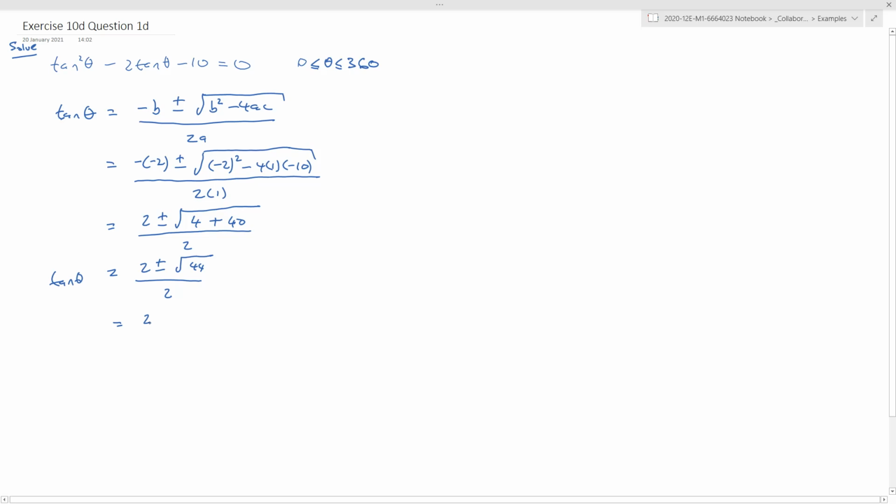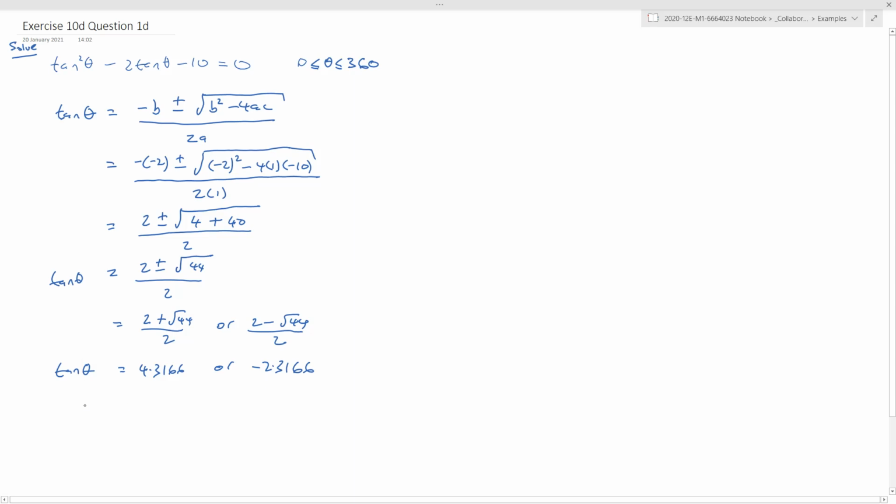We put those in our calculator for tan theta, and we get 4.3166 or minus 2.3166. So those are my two answers.